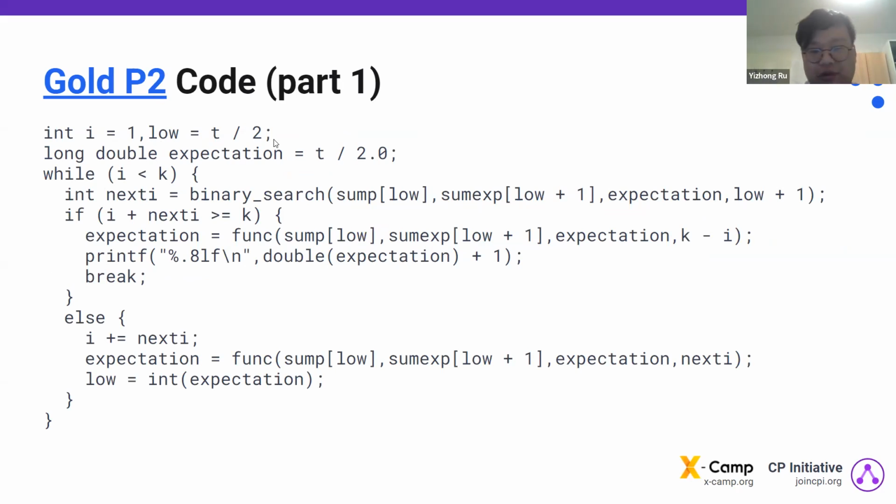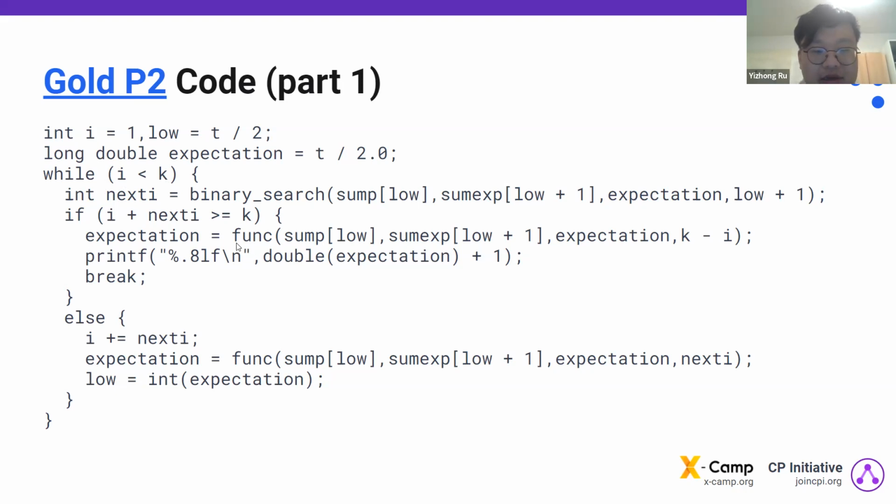Of course, we have a floor function, but in C++ we do not need the floor function. And then expectation is t divided by 2. Then we do a binary search to find the biggest x, and I will show the binary search function after it.